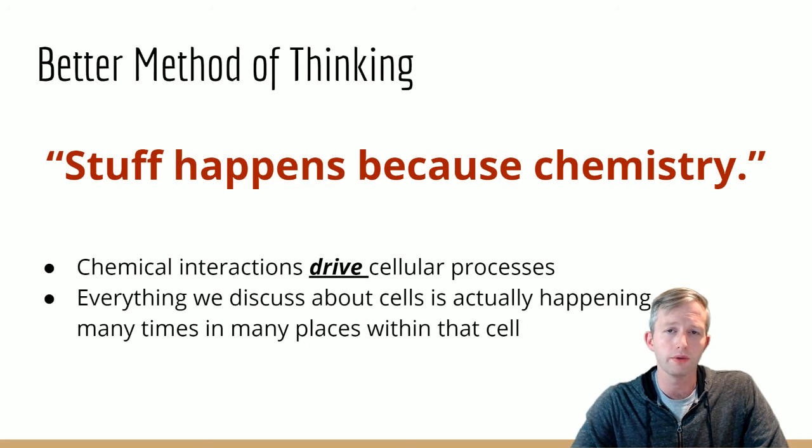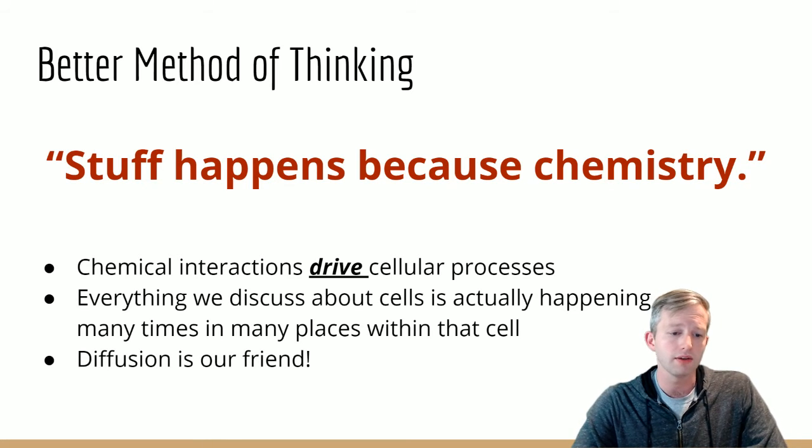The second thing we need to understand is that anytime we talk about something happening inside of a cell, it's not just like, oh, the RNA is going to the ribosome, which then goes to the ER. No, all of these things are happening many times in many places, all on top of each other. And the third thing to keep in mind is that diffusion is our friend.